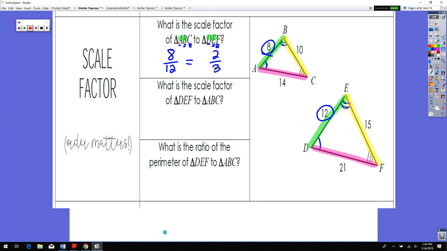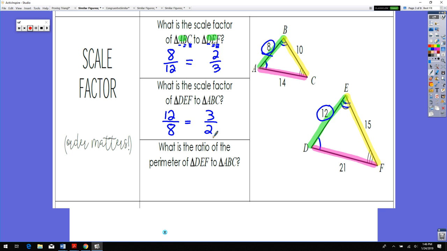Okay. So now it says, what is the scale factor of triangle DEF to triangle ABC? If I go backwards, starting at DEF first, which is 12, I'm going to use the same side, 8. Simplify that, I'm going to get 3 over 2. And then it says, what's the ratio of the perimeter of triangle DEF to triangle ABC?